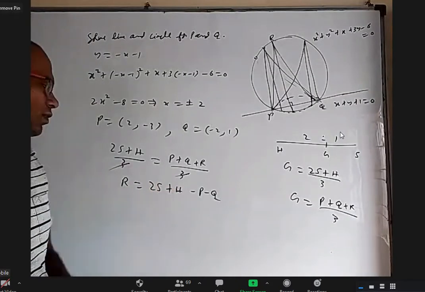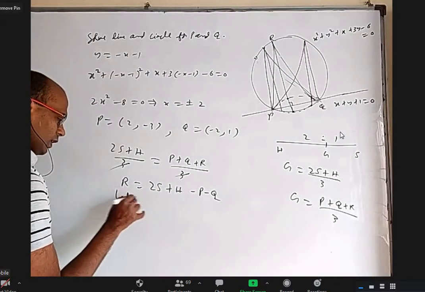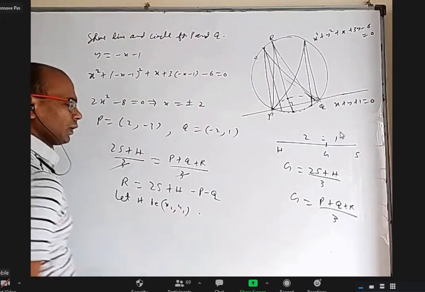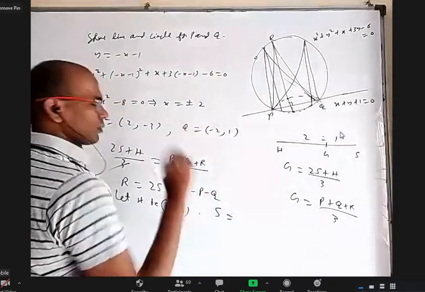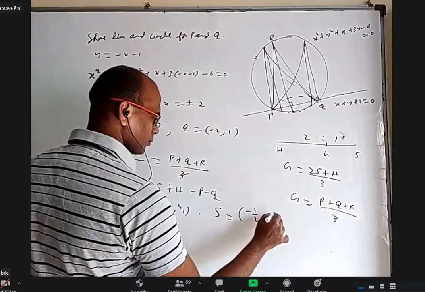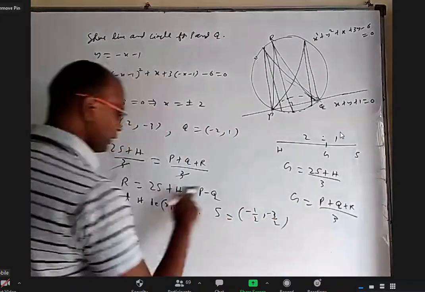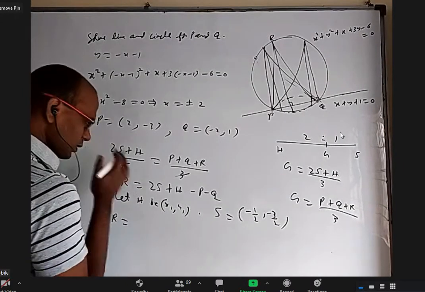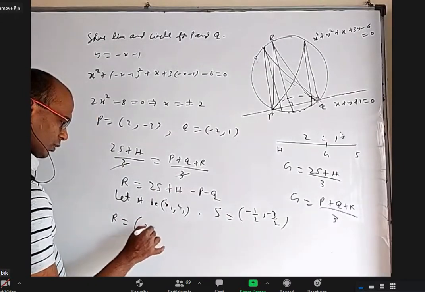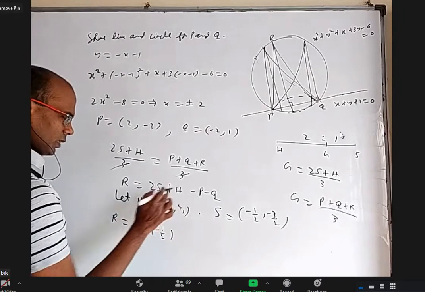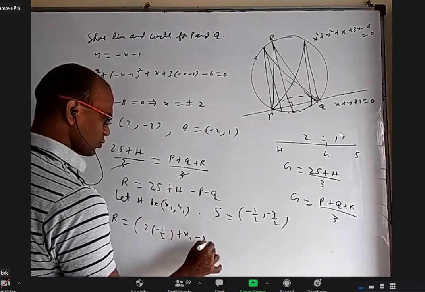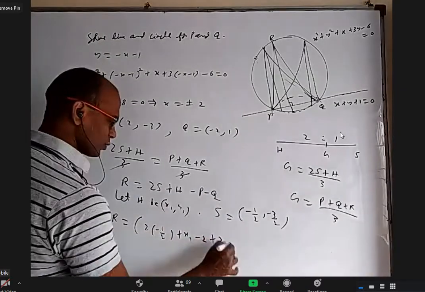So I'll take H as (x1, y1). Let H be (x1, y1). And S is anyway the center of the circle, only the circumcenter, which is (minus 1 by 2, minus 3 by 2). Let us use this formula and try to find R. 2 times circumcenter, that is 2 into minus 1 by 2, plus orthocenter, which is x1, minus P, which is minus 2, minus Q, which is plus 2.